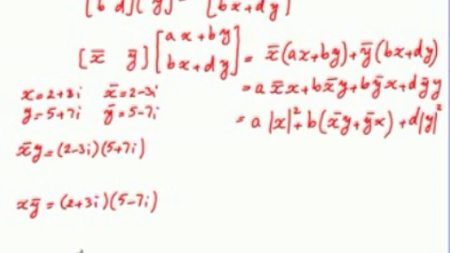Anybody care to guess what kind of simplification is going to happen in that whole process, before drowning in the little arithmetic? Well, let's go ahead and multiply it. So 2 times 5 is 10. Minus 3i times plus 7i, what is that?